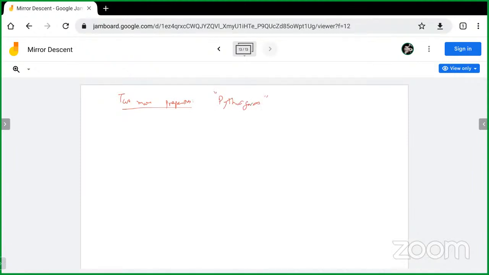It says, look, I have these points x, y, and z.